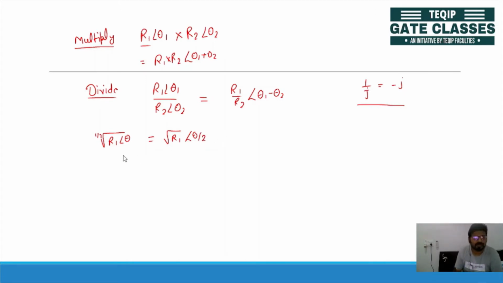And if we have to take a square of r1 angle theta, then the magnitude will simply get squared and the angle will be 2 theta. Okay, this power will be directly multiplied into the angle. Okay, so these are some simple operations on polar form.